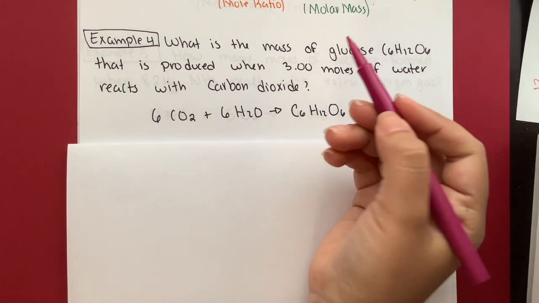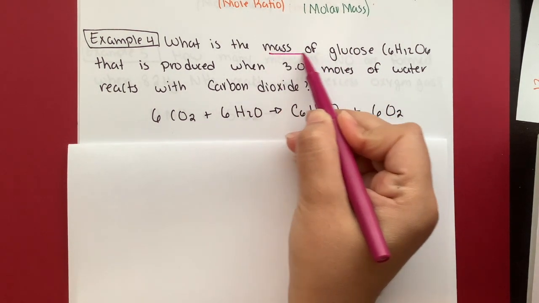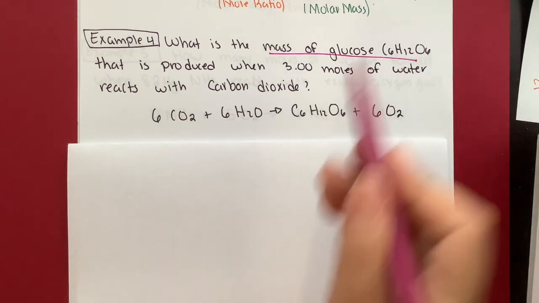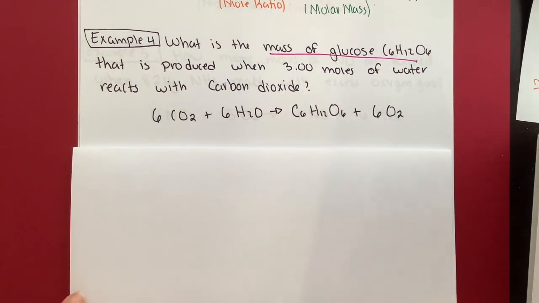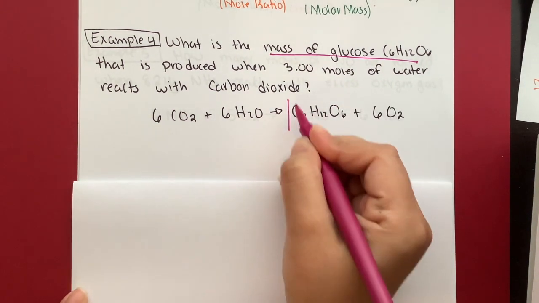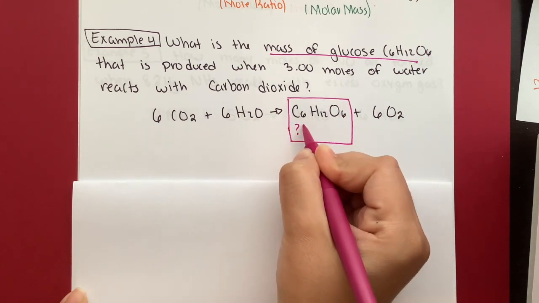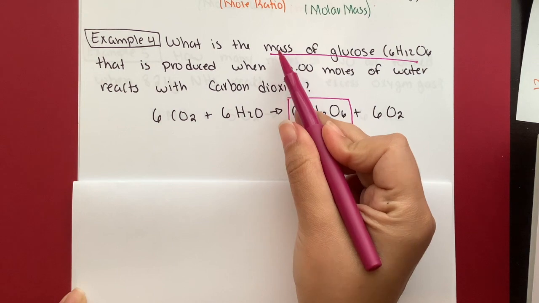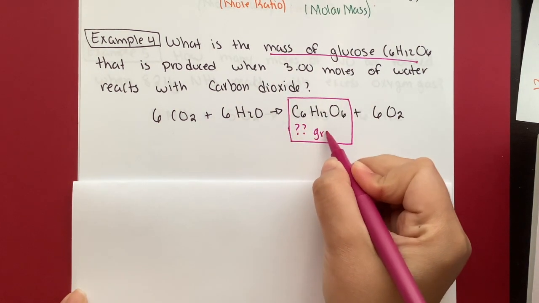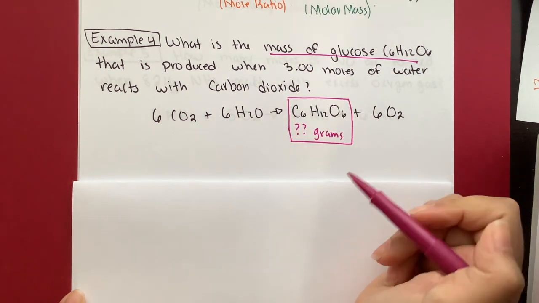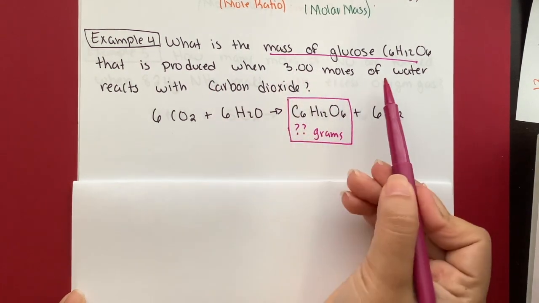So what is the mass of glucose? That's what's being asked. So down here in glucose, I'm going to box in glucose and question mark, mass, which remember mass and grams are the same thing. So they're asking me for the grams that is produced when 3 moles of water.